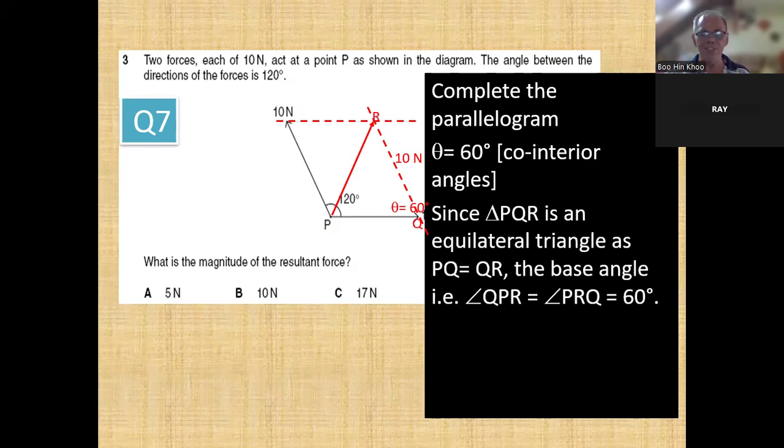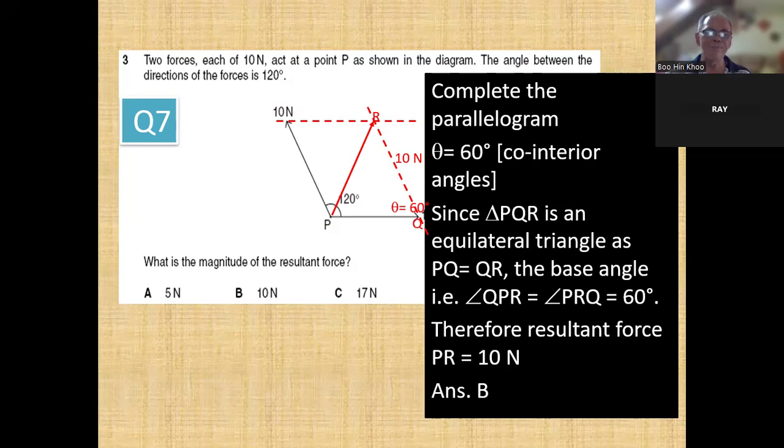Okay, it's an equilateral triangle. The answer is B. This angle is 60 because these two add up to 180 degrees. This one is the same as this one, 10 Newton. So 10, 10, 60. This must be 60 and 60, so that one must be 10 also.